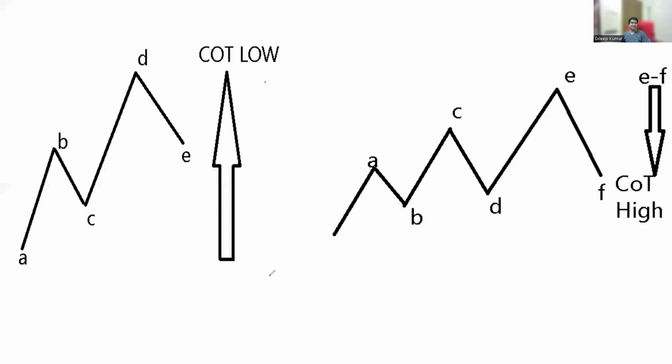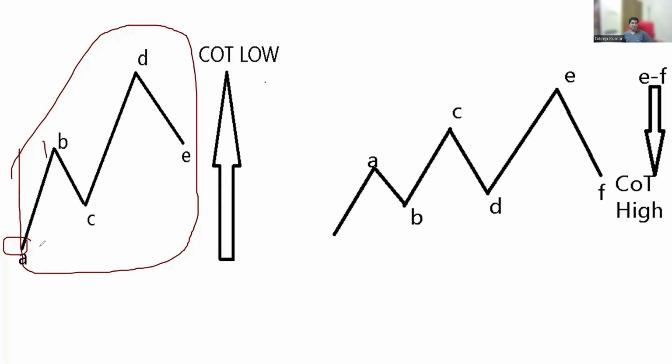We'll understand here. This is one scenario to understand what COT low is. A point, B point. Let's suppose this is a total 5-minute candle. Before forming this 5-minute candle, this is how the price moved: A point, B point, C point, D point, E point.